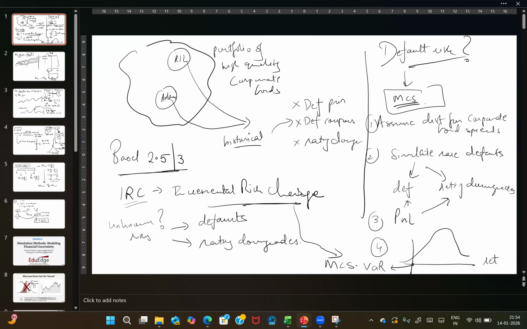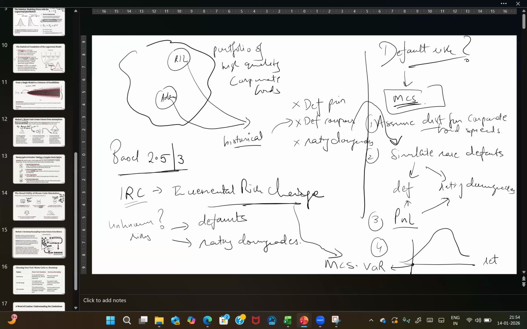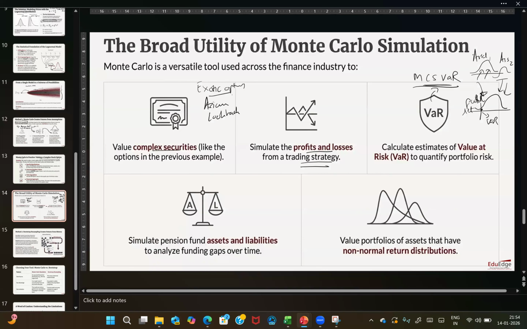Which means that you would need to simulate such kind of outcomes using Monte Carlo simulation by using certain distributions, calculate P&L, create the distribution of those P&Ls or returns, and then calculate the Monte Carlo simulation based value at risk. So this is how it looks. So that's the application in risk management, and that is what we have written here.